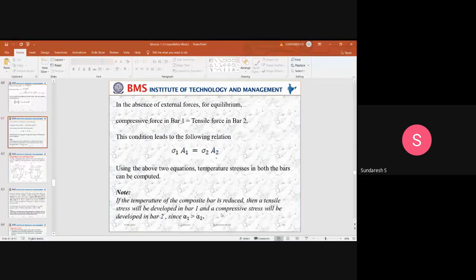So this is what you should be very careful about. Look at the question whether the temperature is raised or reduced. Based upon that, you should be in a position to conclude which material is subjected to a compressive stress and which to a tensile stress. Also look at the values of alpha 1 and alpha 2, and whether delta T and L remain the same for both materials.